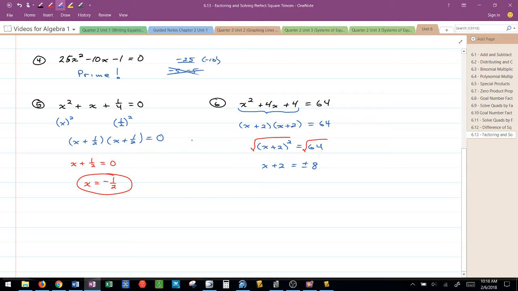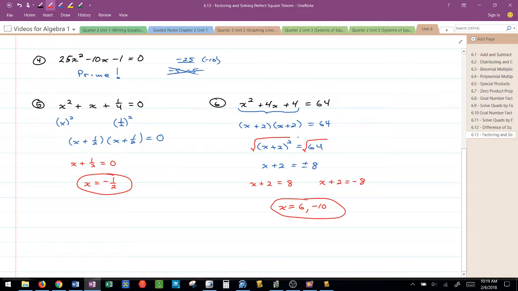This now creates for me two equations to solve, and it's similar to the zero product property, but a little bit different. One is x plus 2 is equal to 8. The other equation is x plus 2 is equal to negative 8. I solve the first one, I get x is equal to 6. I solve the second one by subtracting 2, I get x is equal to negative 10.